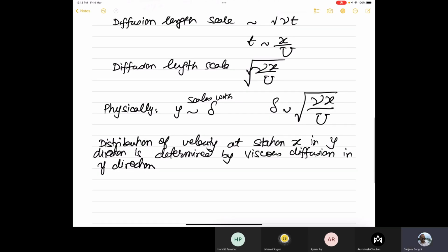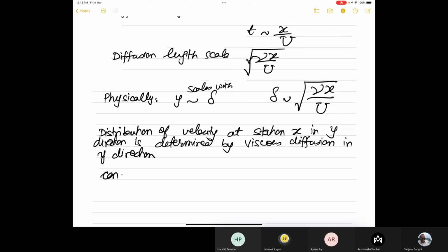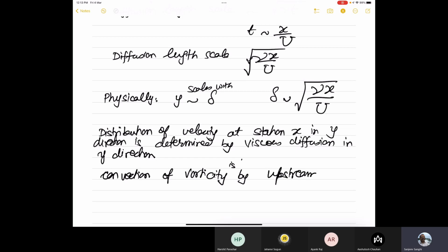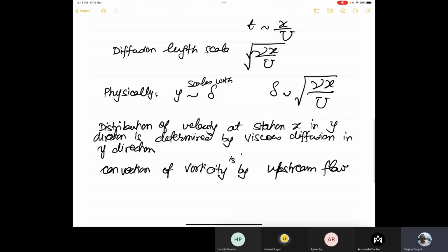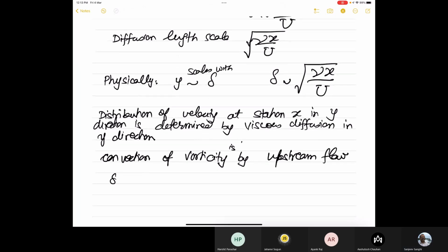And the convection of vorticity is by the upstream flow: the vorticity in the flow is being distributed in the x direction by the flow which is coming.